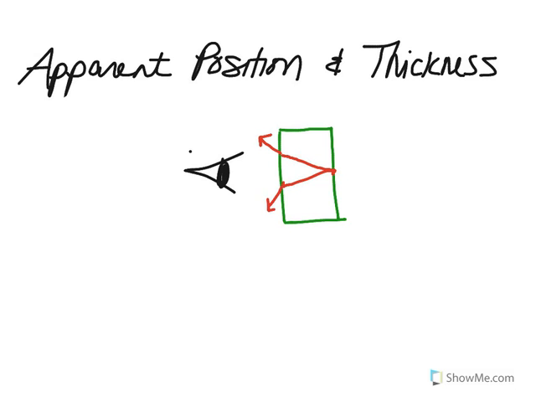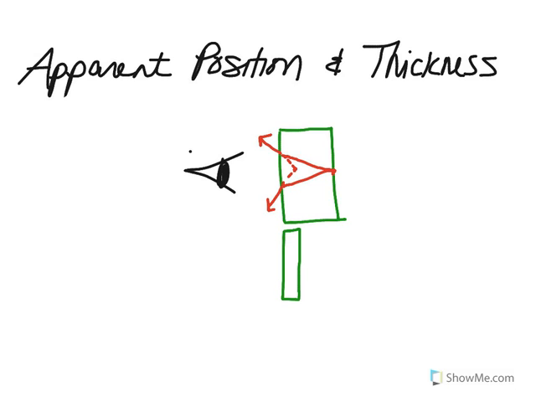And again, these emerging rays appear to be coming from a point that is closer to the surface than the actual back surface is. So the way that I have my drawing here, this piece of glass would only appear to be this thick, because that's where the image of that back speck of dust is located.